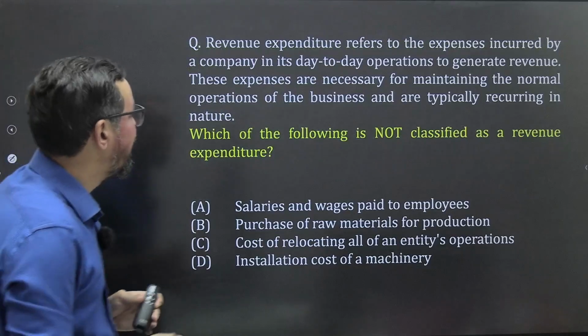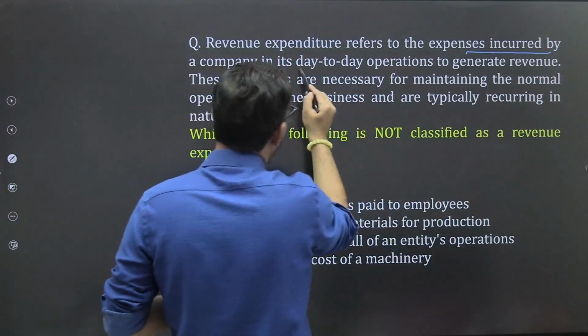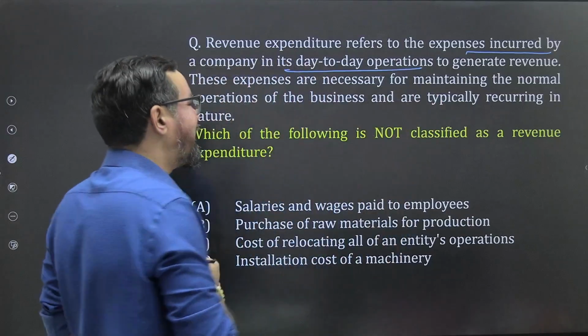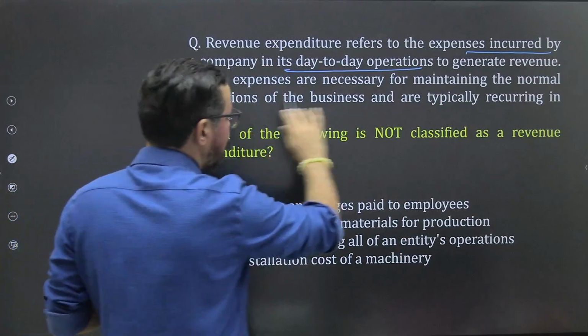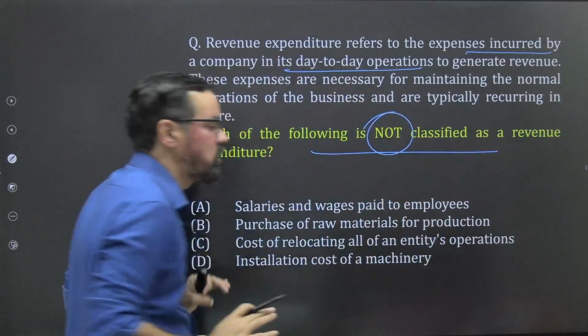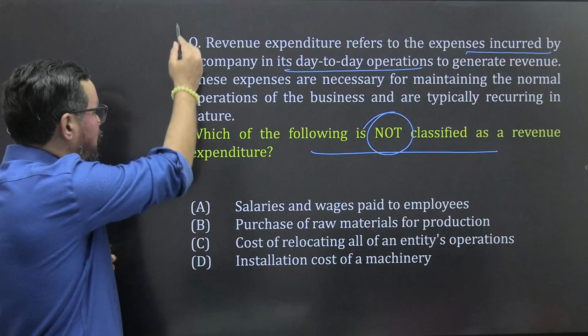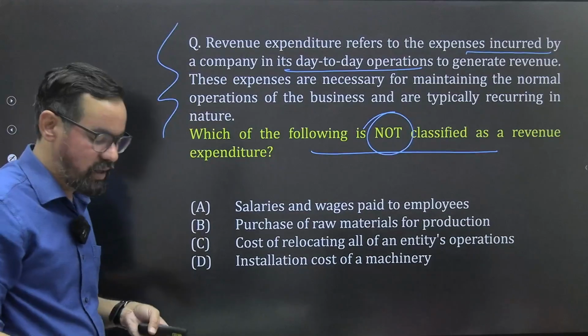Next one: revenue expenditure refers to expenses incurred by a company in day-to-day operations to generate revenue. Which of the following is not classified as revenue expenditure? You will see this kind of question in your examination, even in the current league also.